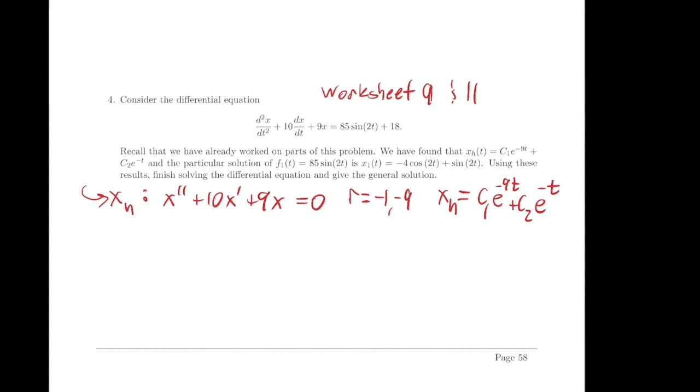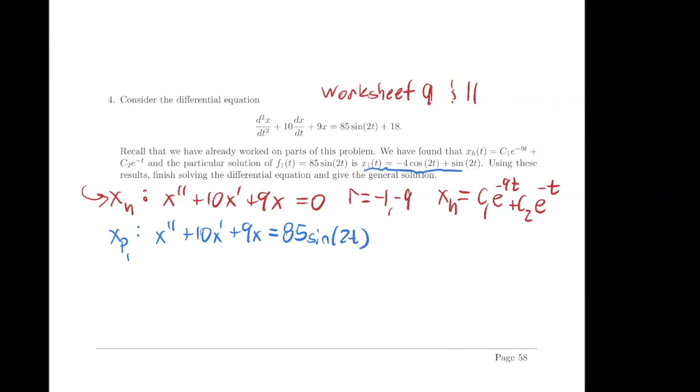And then what Kyle was describing was that we would want to solve each of these particular solutions separately. So I'm going to solve the particular solution associated to the 85 sine of 2t.